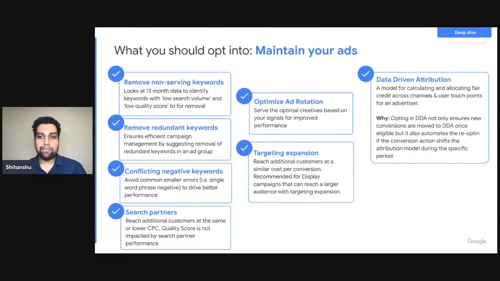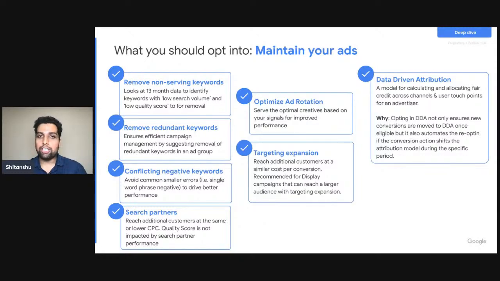We also have data-driven attribution as one of the auto-apply recommendations. When you choose to opt into data-driven attribution, this ensures that your conversion actions are set on data-driven attribution so that all the touch points in a user's journey are attributed properly and adequately.